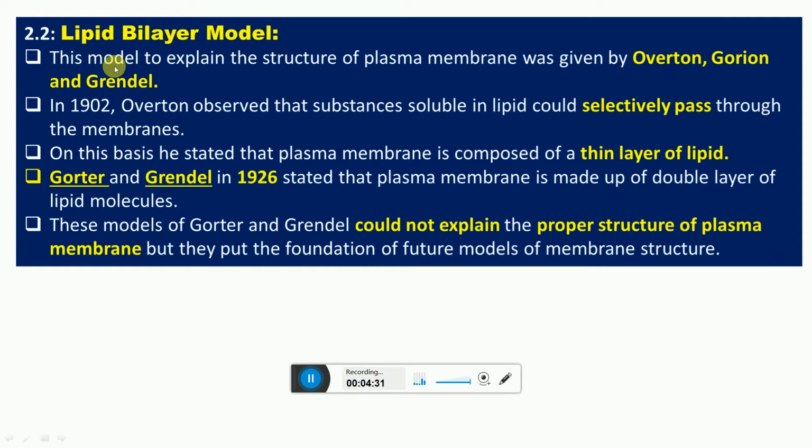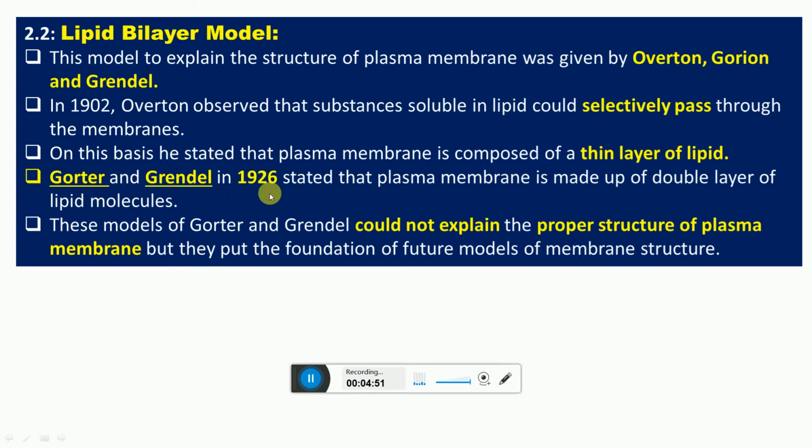Lipid bilayer model. This model to explain the structure of the plasma membrane was given by Overton, Gorter, and Grendel. In 1902, Overton observed that substances soluble in lipid could selectively pass through the membrane. On this basis, he stated that the plasma membrane is composed of a thin layer of lipids.